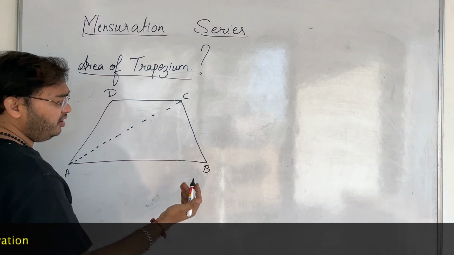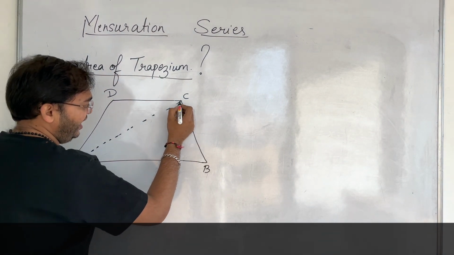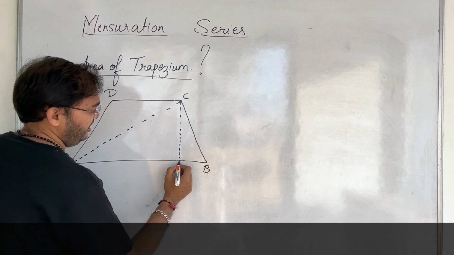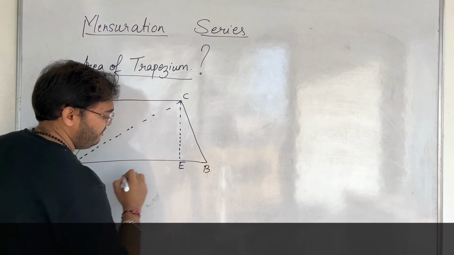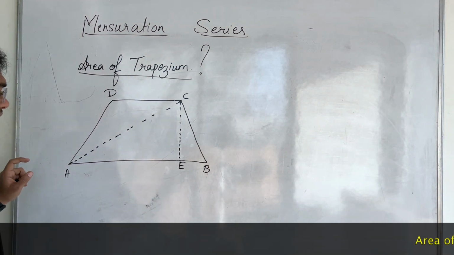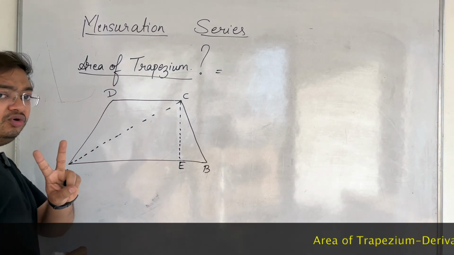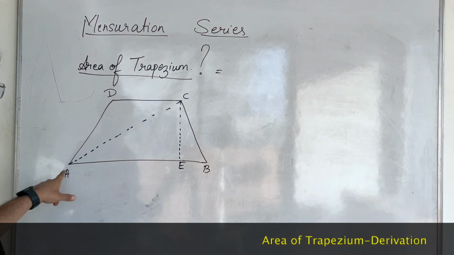Now when we talk about a triangle, we also have a height. So I will drop a perpendicular line from here to here and name it E. That means if I want to find the area of the trapezium, I can see two triangles, triangle ABC and triangle ADC.